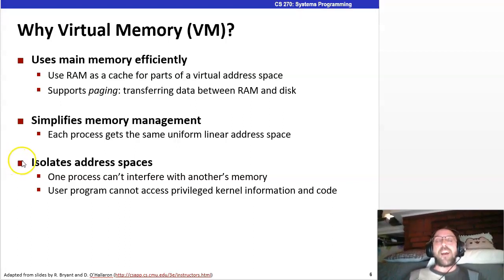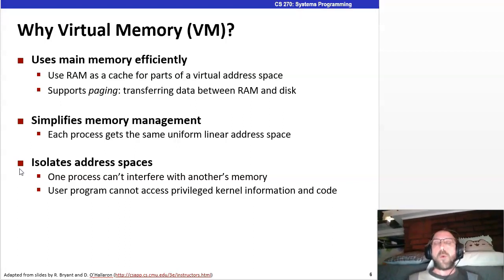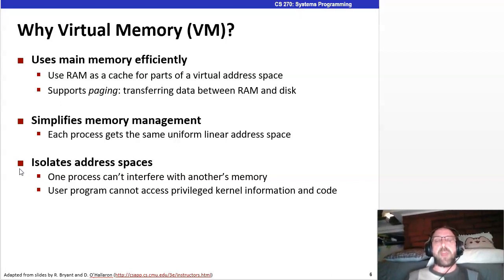It also lets us isolate address spaces as a form of security and as a form of bug prevention. If a program has a problem that causes it to dereference a dangling pointer or to overflow a buffer, at the very worst, it can only mess with its own memory, with the memory that's been allocated to its virtual address space.